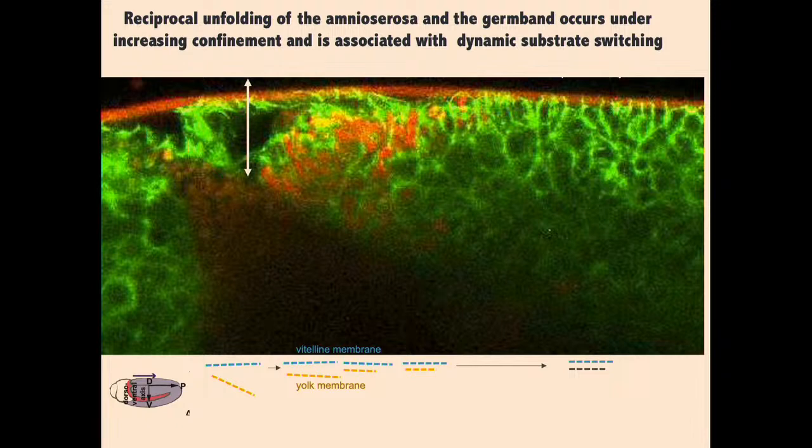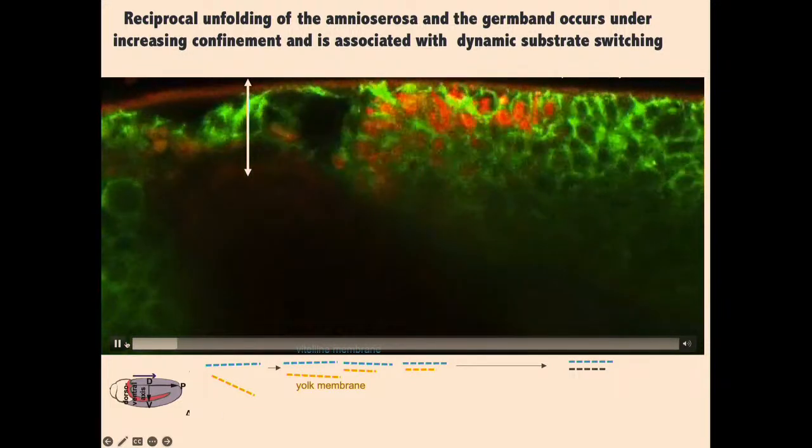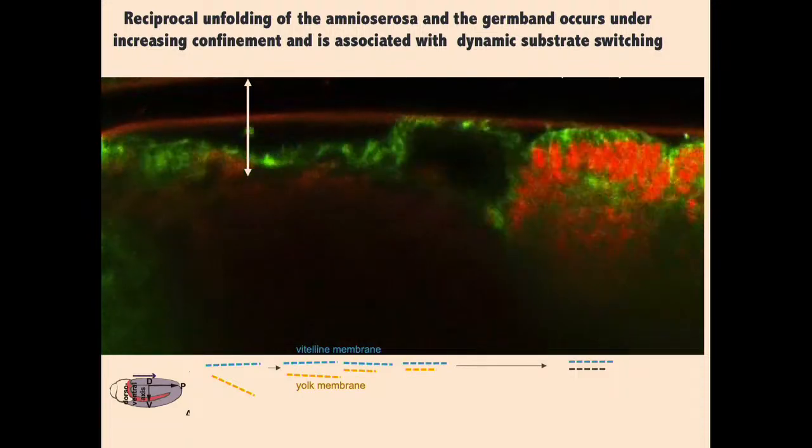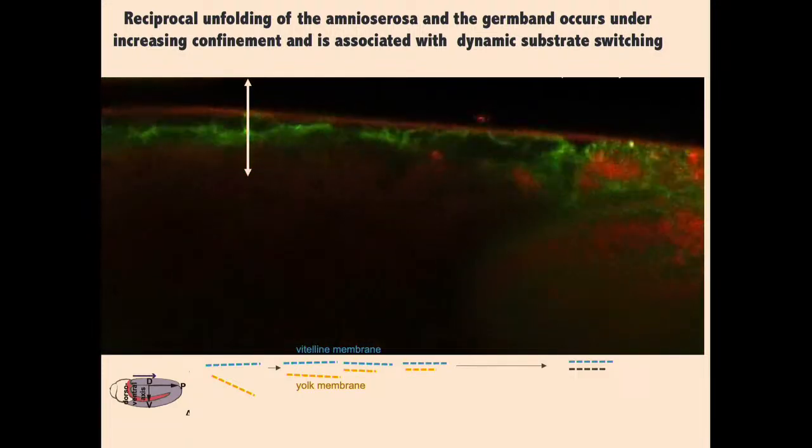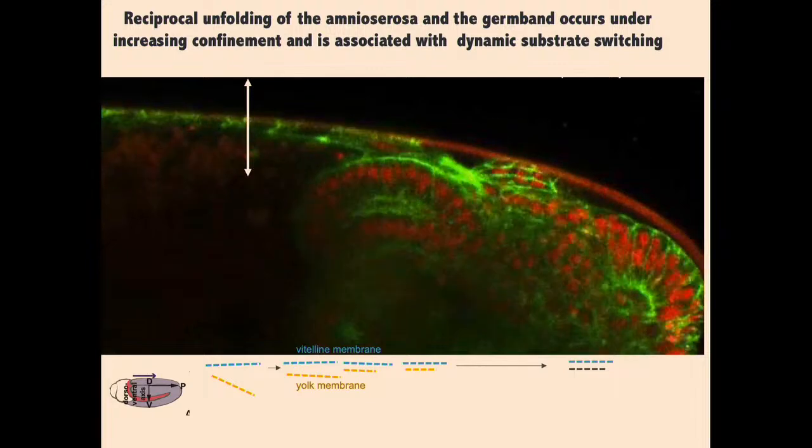All I want you to notice here is that these cells are sitting on one substrate here, which is the margin of what looks like a black hole. And then another substrate here, which is the sheet or the covering of the embryo, which is really what keeps it together. When I play this movie, you will see that there are dynamic interactions. Cells interact with the substrate on top.